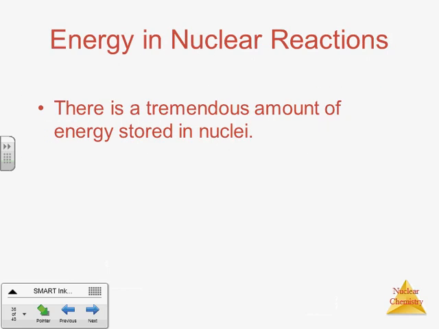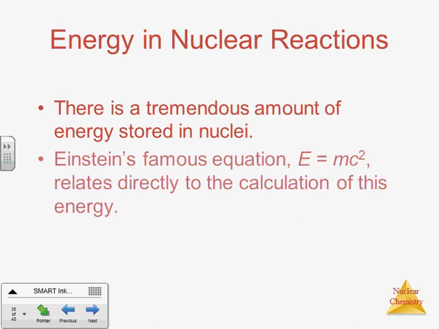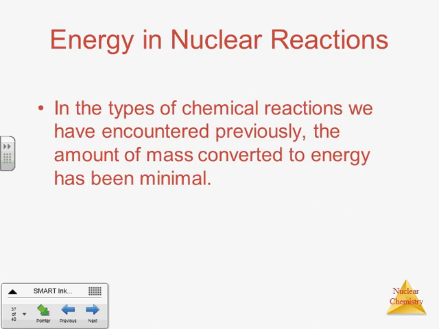Okay, and then the energy in nuclear reactions: there's a tremendous amount of energy stored in nuclei. I'm going to go through this fairly quickly, but I want to talk about this because it's interesting. Einstein's famous equation, E equals mc squared, relates directly to the calculation of this energy. In most chemical reactions, if there's any mass converted to energy, it's very, very minimal.